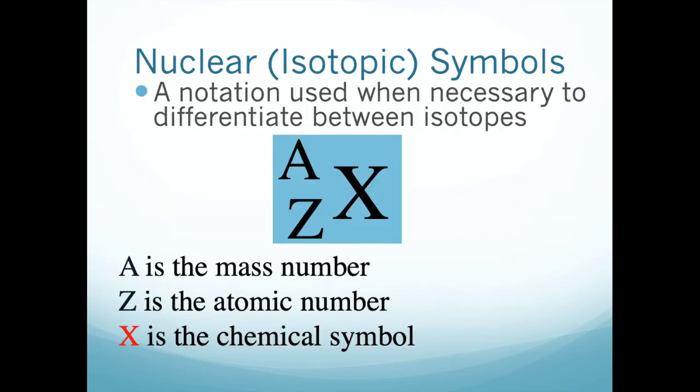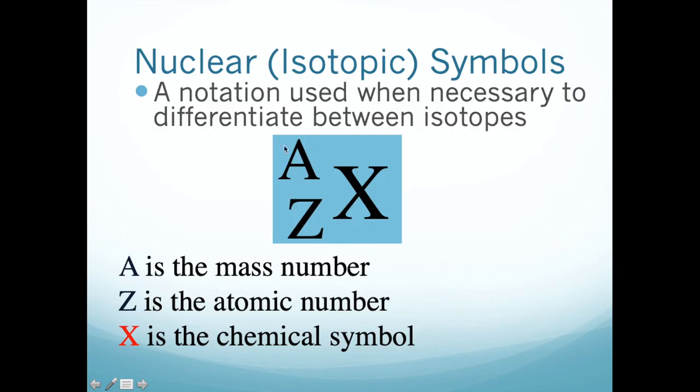So when it comes to displaying these isotopes, we put them in this format here, where we have a symbol, that 1 or 2 letter code representing the element. We write the mass number on the top left, and we write the atomic number on the bottom left.